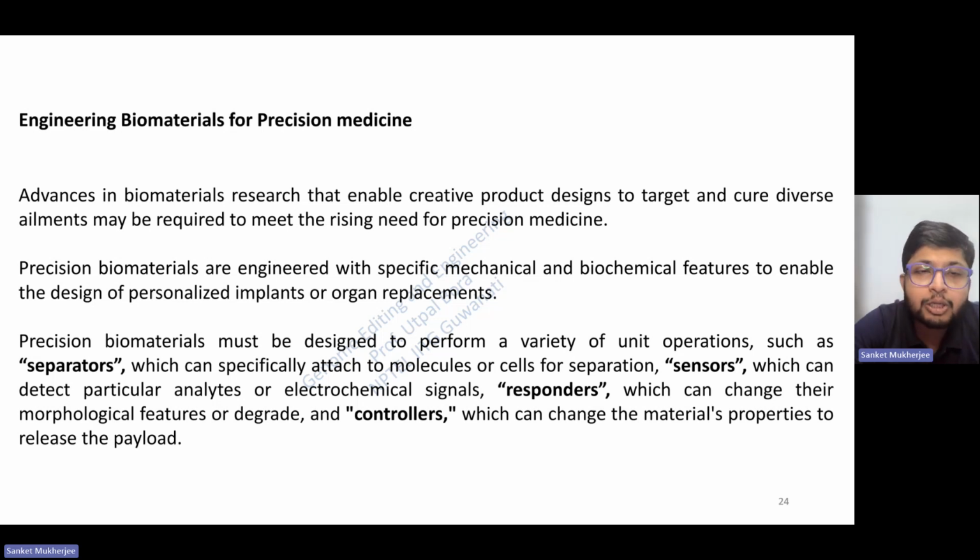Precision biomaterials must be designed to perform a variety of unit operations, such as separators, which can specifically attach to molecules or cells for separation, sensors which can detect particular analytes or electrochemical signals. Then there are responders which can change their morphological features or degrade, and controllers which can change the material's properties to release payload. So these all things are there.